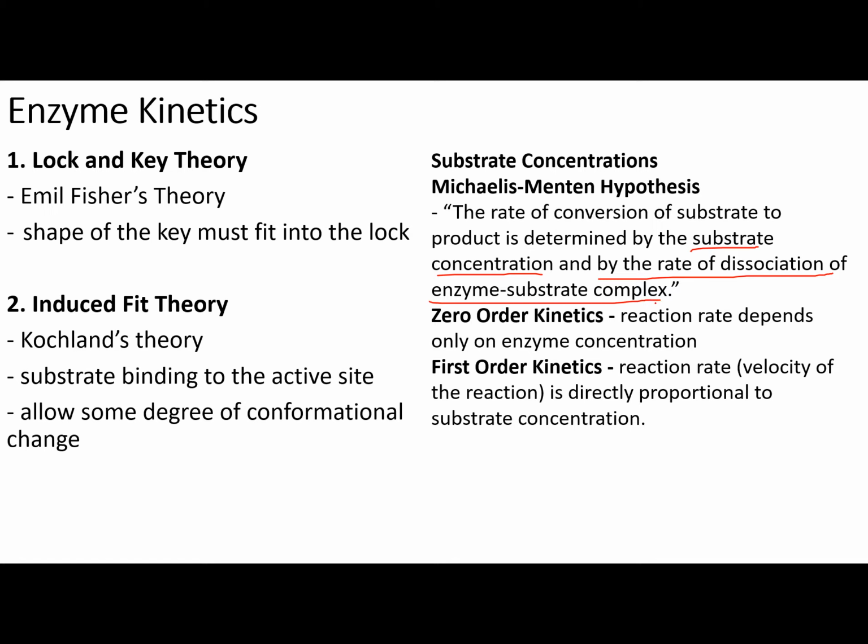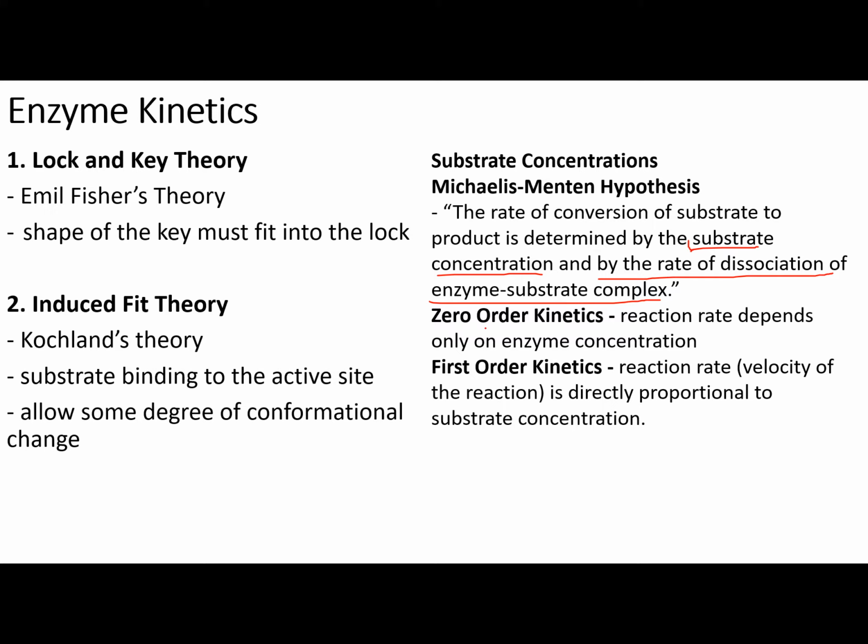So to simplify this class, yung product being produced by an enzyme substrate complex is determined by the amount of substrate and by the rate of dissociation of ES substrate complex. So pakitandaan itong dalawang to class. The conversion of substrate to product is determined by substrate concentration and by the rate of dissociation of ES complex.